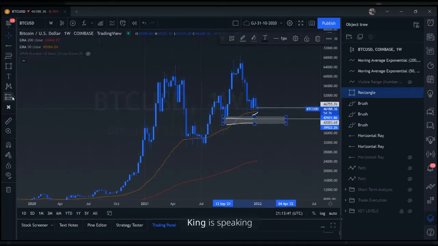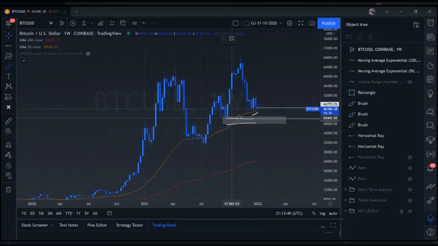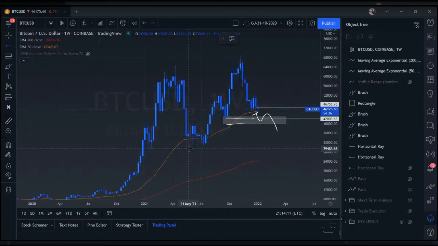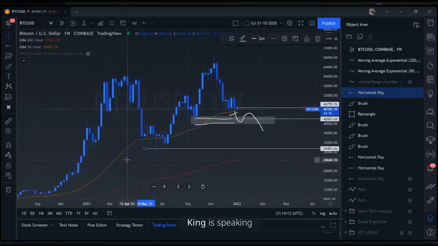If we see a breakthrough into this zone here, so break through the 50 EMA into this zone here, and a retest of that 50 EMA to the downside, and over a few weeks we start trading off, then we can start looking at trades from these levels up here, 42k to the 30ks, which is fairly bearish.